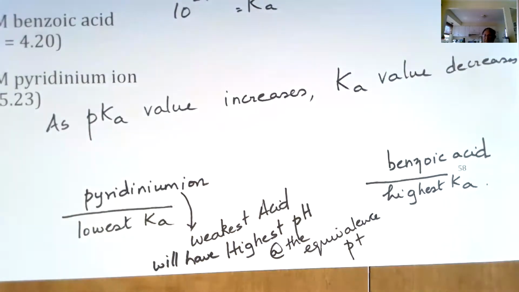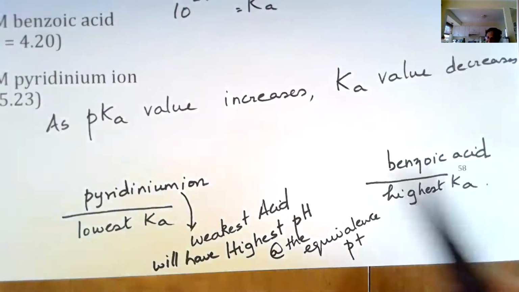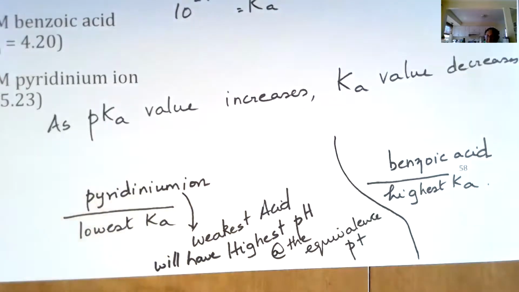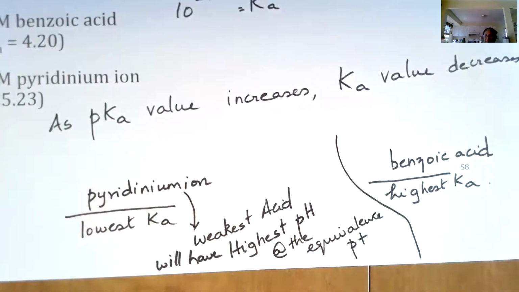Okay, so that graph helps you estimate this. So find out in the list which one has the lowest Ka. So that's your weakest acid, and that will have the highest pH at the equivalence point.